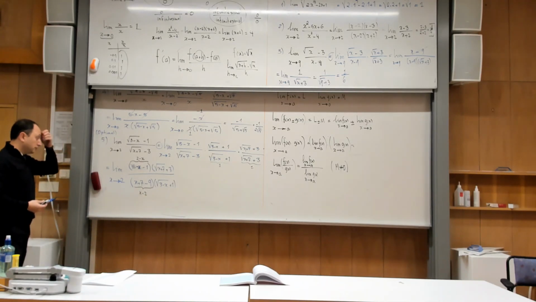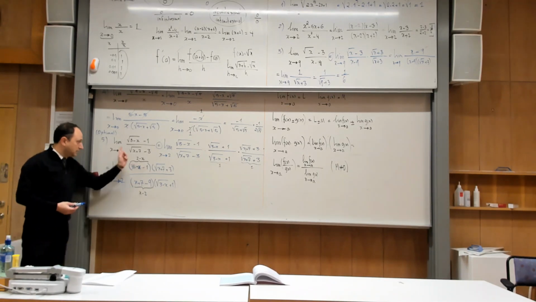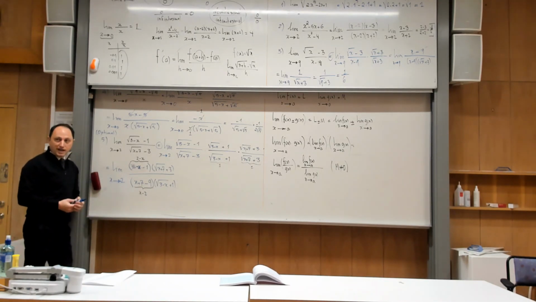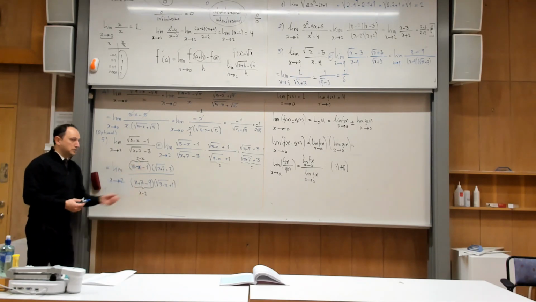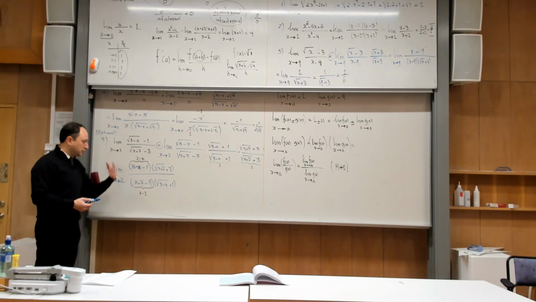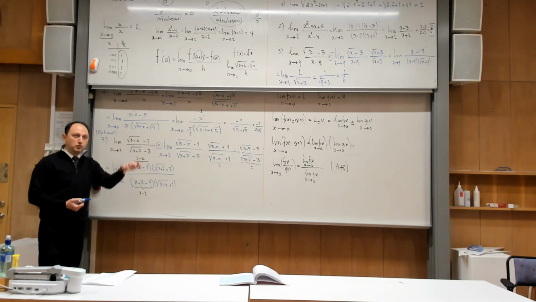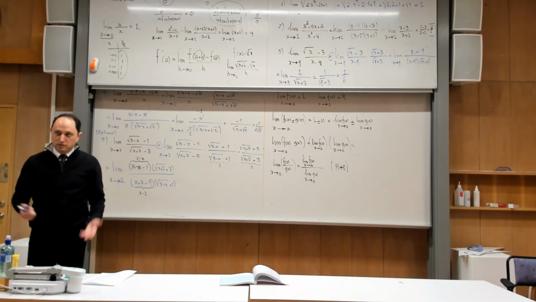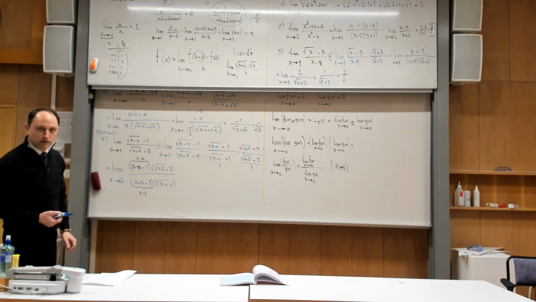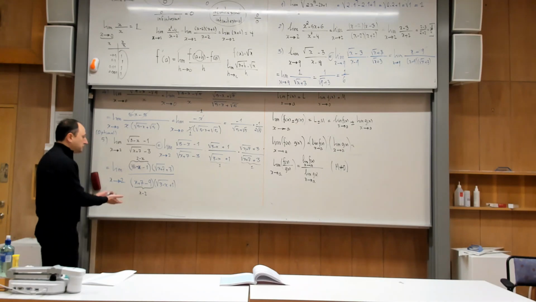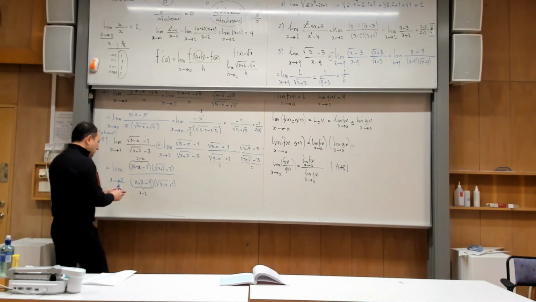Yes? Unfortunately, I cannot immediately cross them over because they are not exactly identical. This is 2 minus x and this is x minus 2. They are not equal. But you already learned, if you haven't forgotten, what was the trick? Whenever I need a minus b and I am unfortunate to have b minus a, there is a very simple trick to take a minus sign out. Which one you prefer, it doesn't matter. So let me just write one of them.